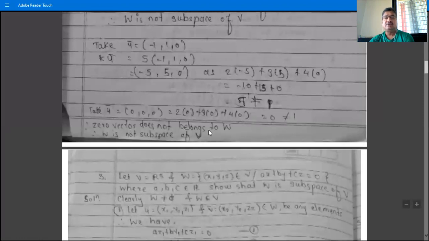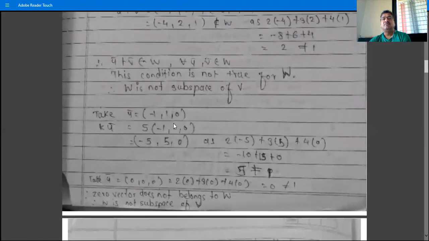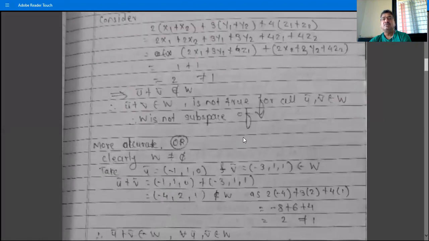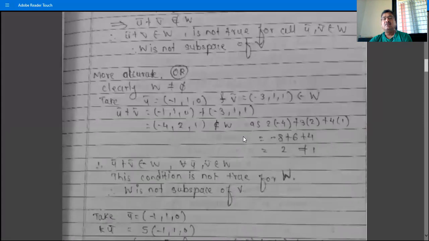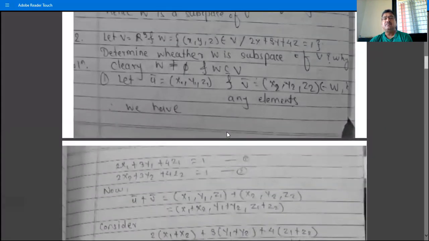Therefore the zero vector does not belong to W, and therefore W is not a subspace of V. Because we know that W is a subspace of V if W is itself a vector space, that is, if W satisfies the 10 properties, and this is property number A3. So the zero vector must exist in W, but the zero vector does not belong to W. And so we can give the answer to the problem here.